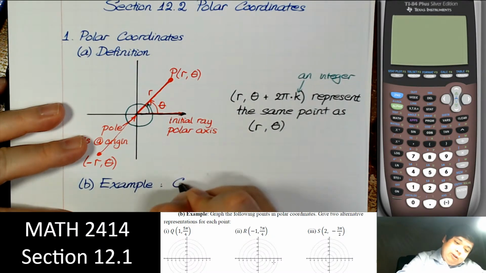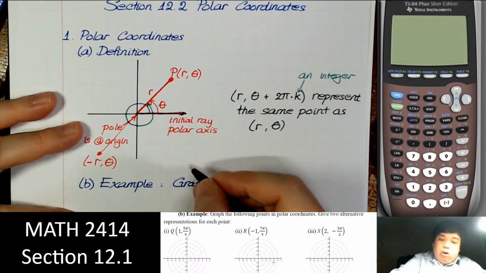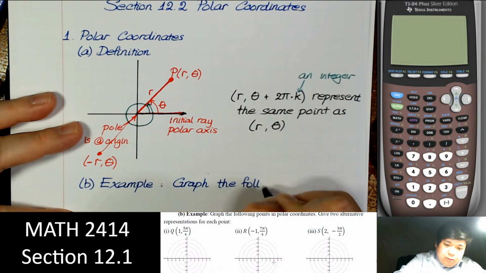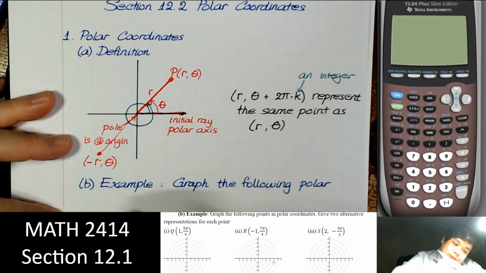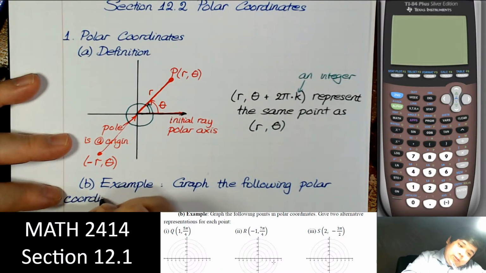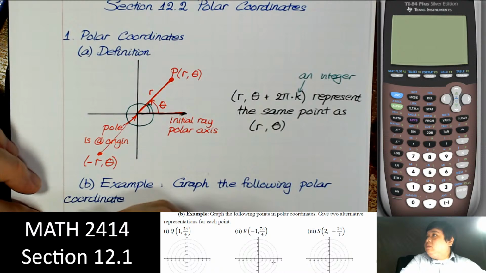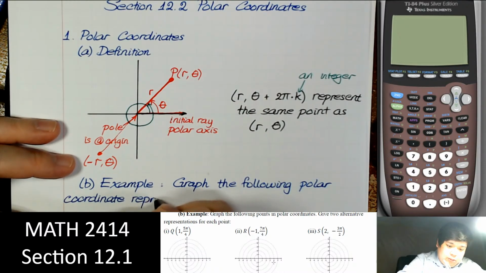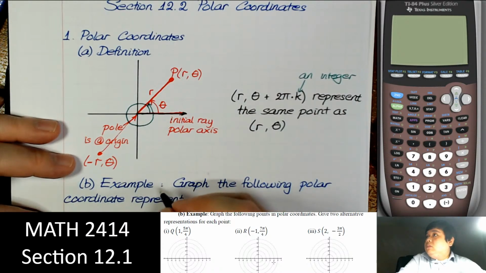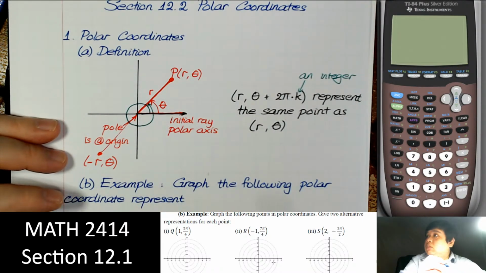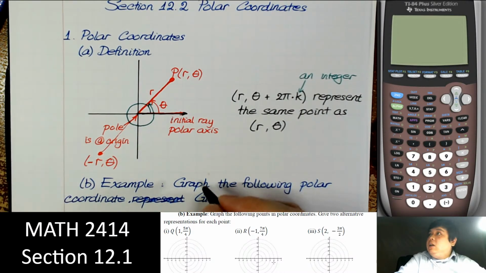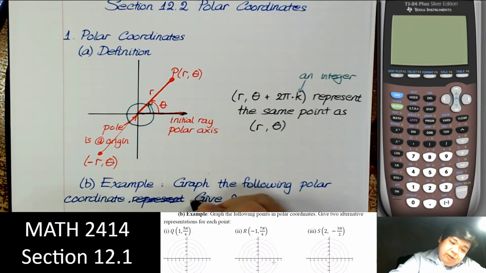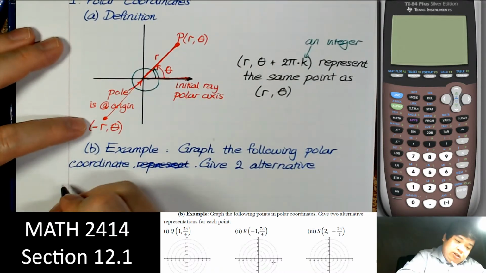Example. Graph the following polar coordinate, and then give two alternative representations.